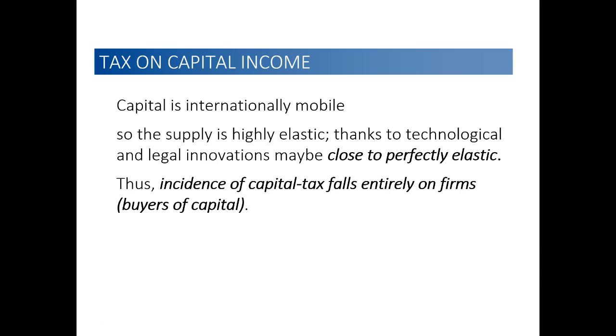Now in that case, with a downward sloping demand for labour and a horizontal, perfectly flat, perfectly elastic supply curve for capital, then here we're talking about capital, not labour, then we can say that the incidence of the capital tax will fall entirely on the firms who are attempting to buy capital.